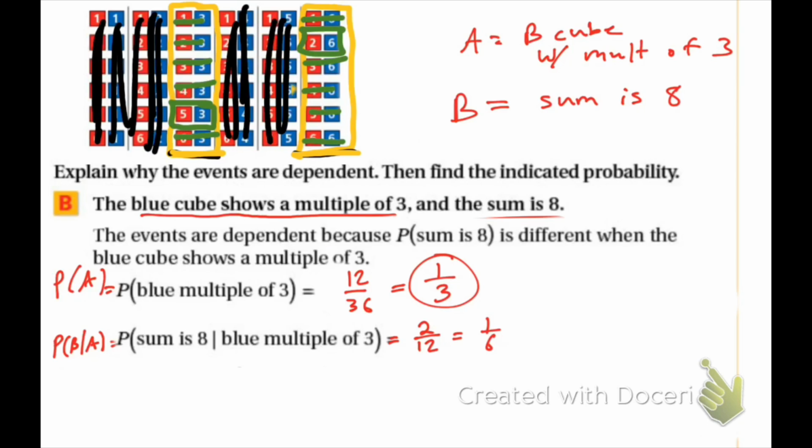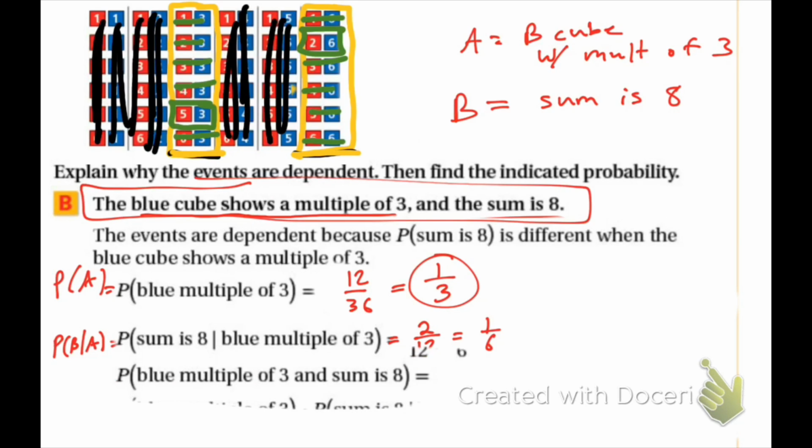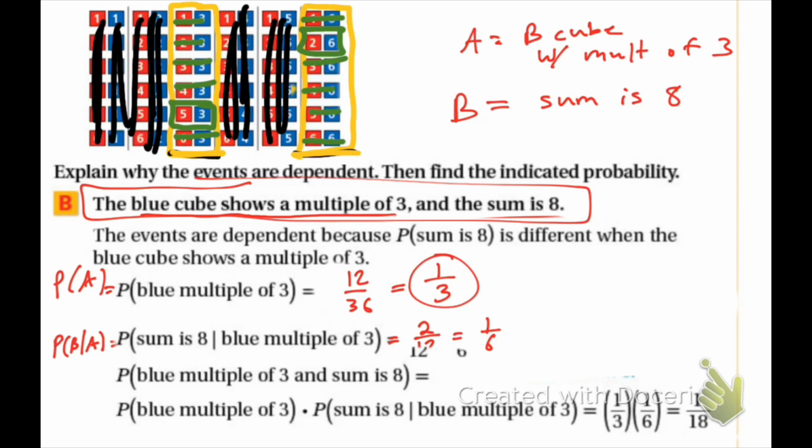And now to calculate the probability of this whole thing occurring, the multiple of 3 and the sum is 8, you take event A, which is a blue multiple of 3, times our conditional event of B occurring given that A occurs, and we get 1/3 times 1/6, which gives me 1/18. And that is your solution.